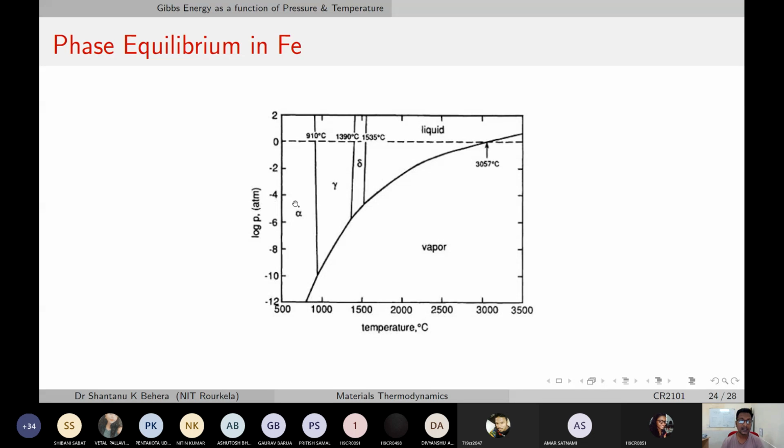So this is the denser phase. It has more atoms here, right? Gamma is the denser phase. Gamma is something which is like the water system.